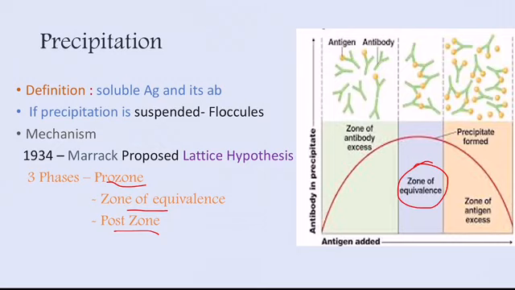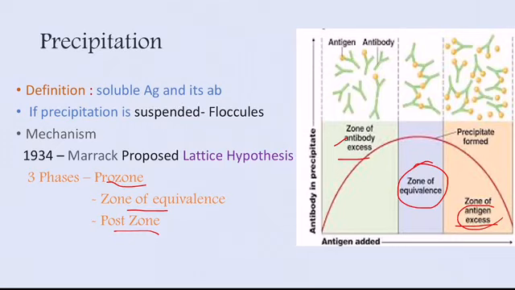So that leads to the formation of a lattice in the zone of equivalence. But in the preceding zone, that is the prozone, where the amount of antibody is in excess, the precipitation will be weak or even absent. Even in the postzone, where the antigen is in excess, the precipitate formation is prevented because of the excess amount of antigen.